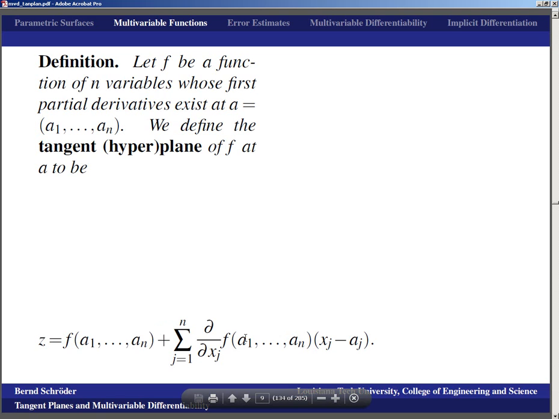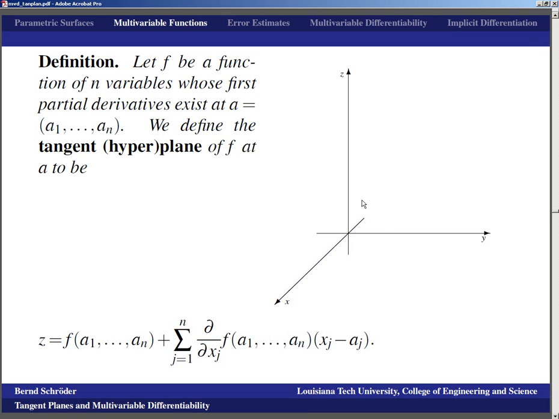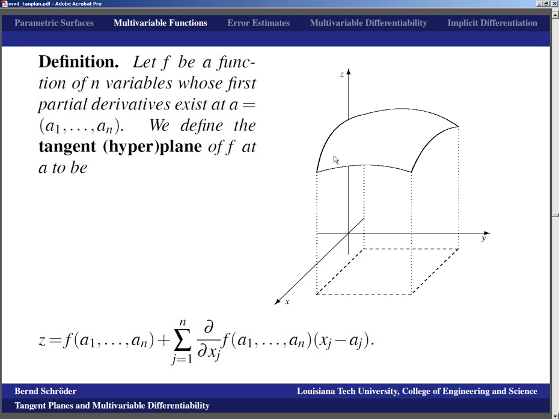But what you always want is a geometric understanding of what's going on, and that's certainly where we can look at the picture that people often draw for this. If we look at a function of just two variables on an xy domain in an xyz coordinate system, we have an xy domain and a graph of a function of two variables.